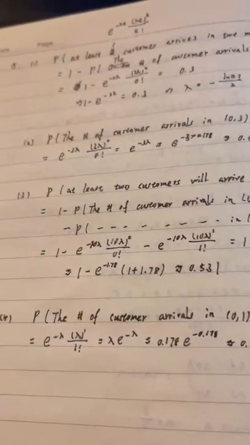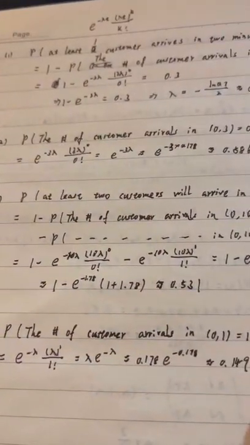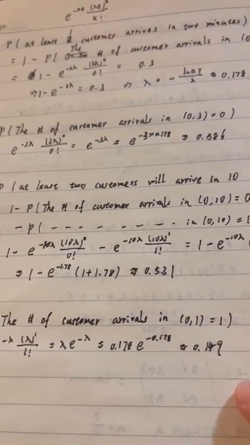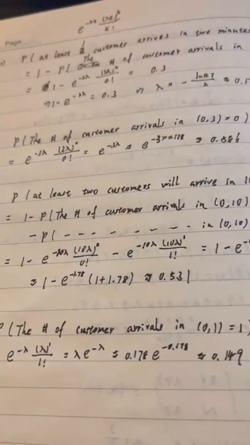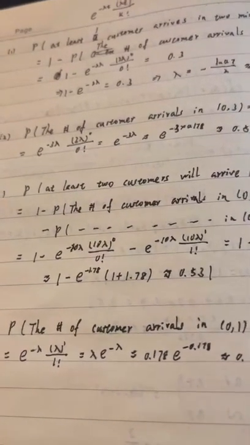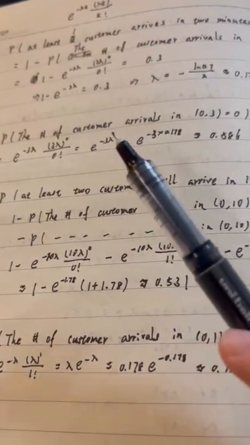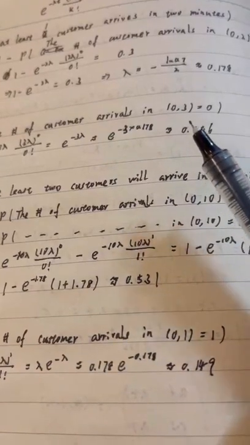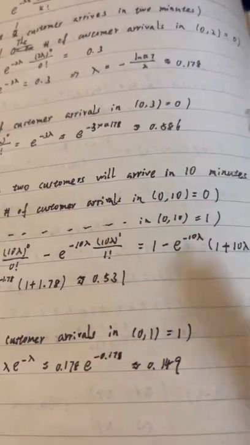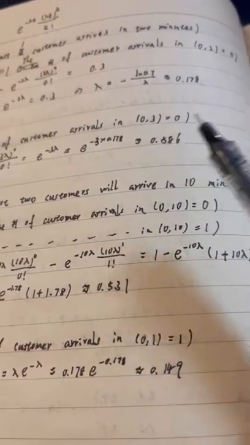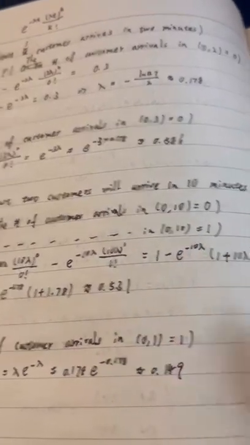For the second subproblem, it tells us to find the probability that in 3 minutes no customer comes. As we said in the first problem, it is just the probability that the number of customers arriving in this period of time is 0. Here t equals 3 and k equals 0.